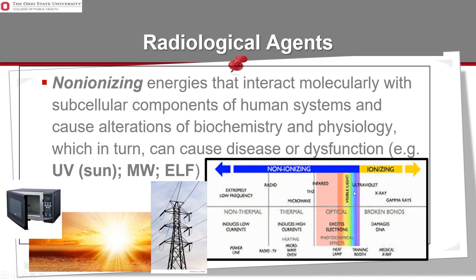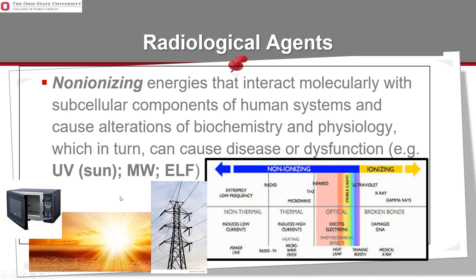So everything under this blue is electromagnetic, meaning it's waves of energy, where under the yellow you have a combination of either X-ray or gamma ray in the electromagnetic spectrum. So that's the point of showing this.